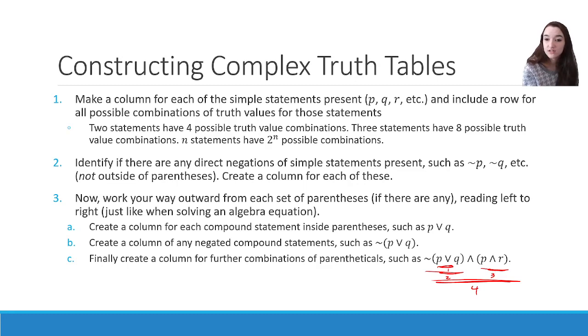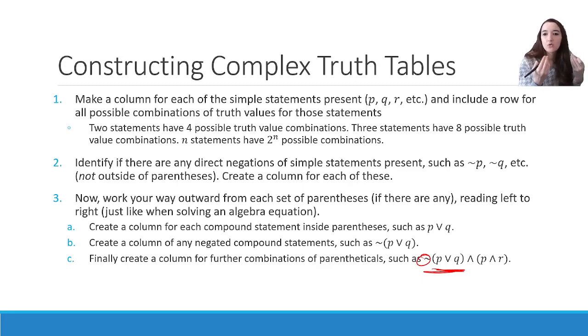So the order does matter here, because in order to analyze this and statement, I need to have the 2 statements that are on either side of that already completed, right? That's what we're doing here. In order to use this or statement, I need to have a column for the P and the Q. In order to deal with this negation, I need to have P or Q done in order to negate it.